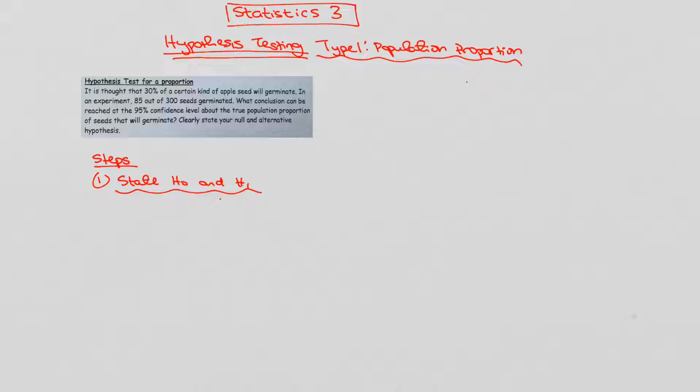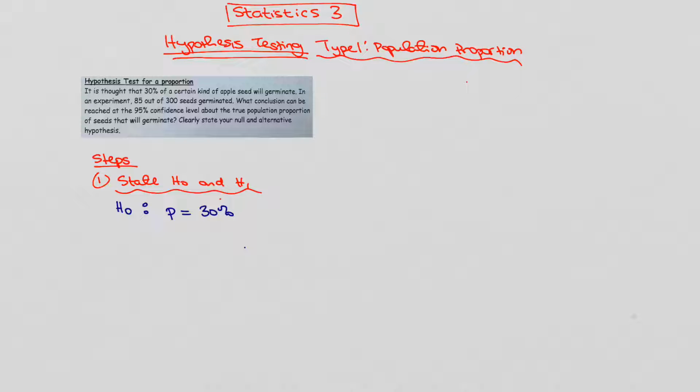So they always like to remind you to state your null and your alternative hypothesis in these questions, and even in the Leaving Cert they tend to do that all the time as well. So that's always going to be our step 1. So we start by stating our null hypothesis, which is H0. And I'm going to state my null hypothesis in terms of my population proportion. So I'm going to state that the population proportion is equal to 30%.